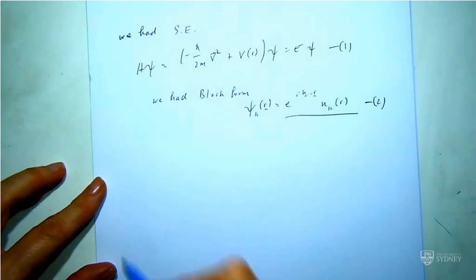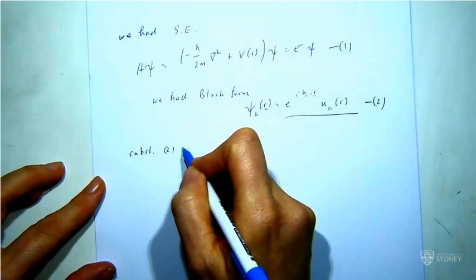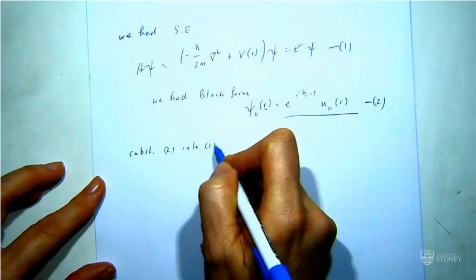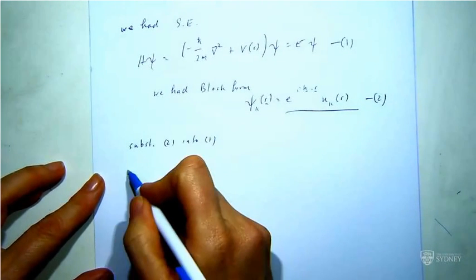So basically what we're doing, we're just substituting 2 into 1, which you may have guessed already. So we end up with the Hamiltonian.